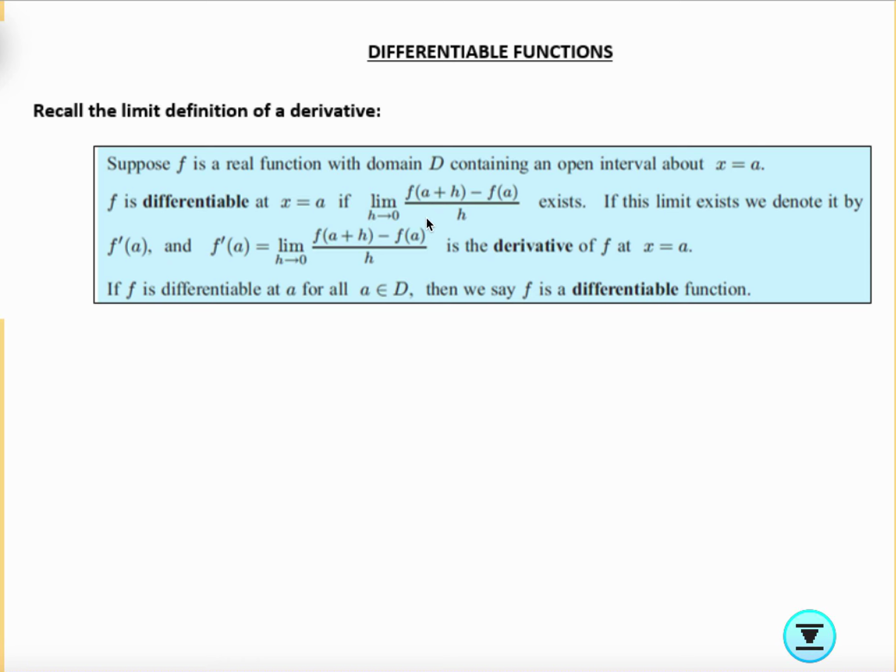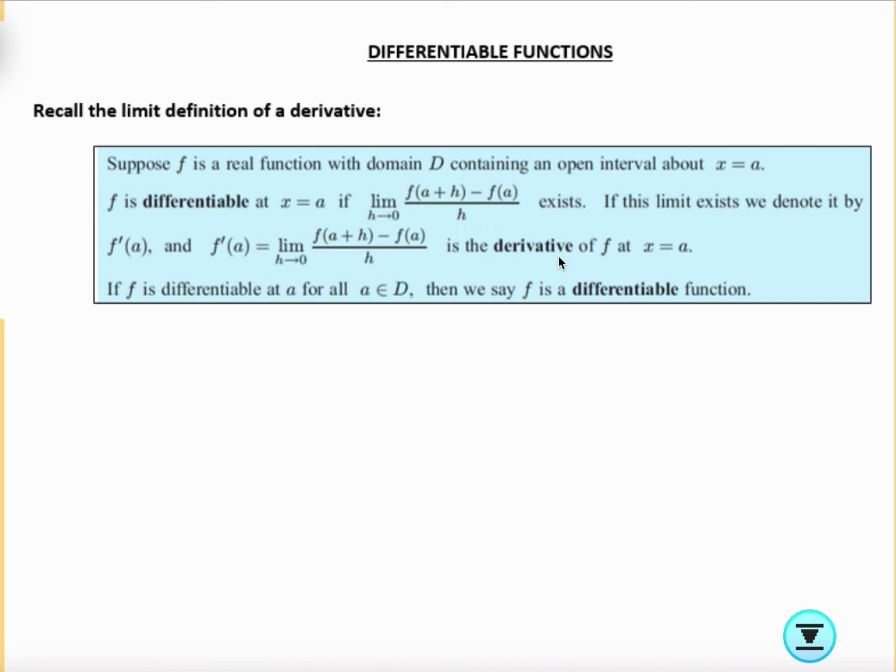So this was our limit definition of a derivative. And remember, h is just a little tiny bit. So this is like between one point and another point that are so close together as nearly nothing. If this limit exists, we denote it by f prime of a. So that means that f prime of a, or that first derivative of f at that point a, is the derivative of the function f at x equals a.